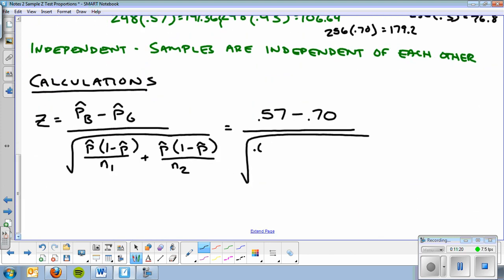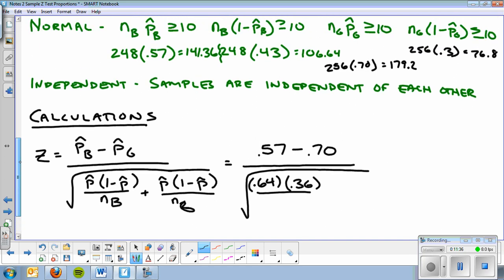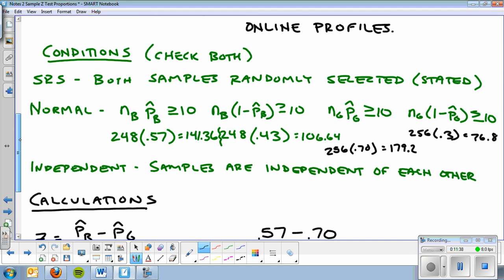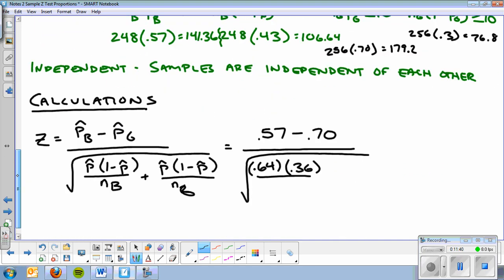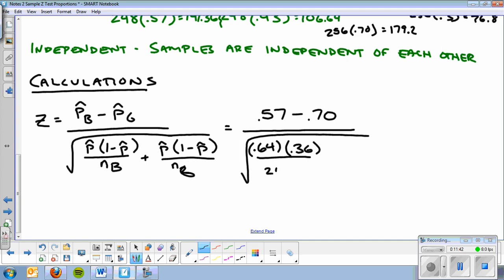Okay, so 0.64 times 1 minus 0.64, which is 0.36, over our N1. I'm sorry, this is NB, and this is NG. Let's see, 248 and 256.